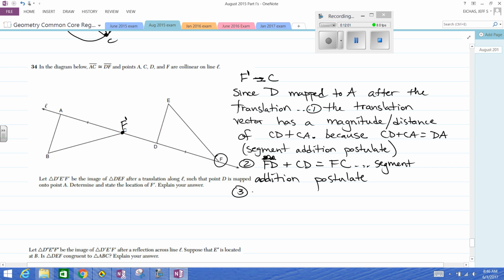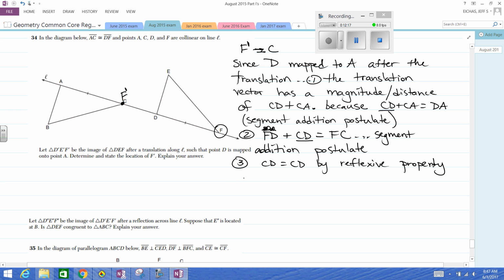All right, let's go through some stuff now. If you notice, in both cases we have CD. CD is equal to itself by the reflexive property. And it's given that CA equals FD.